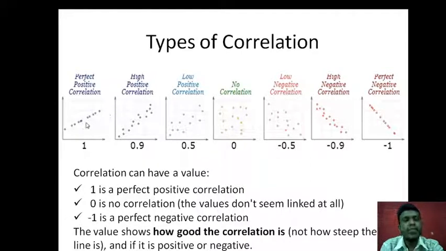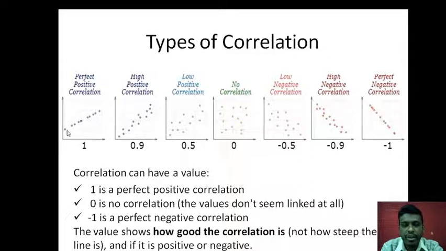Okay. Now in perfect correlation we see that when the values of both the variables are plotted on the graph on x axis and y axis, we get a perfect straight line, and this straight line is increasing from the left bottom.